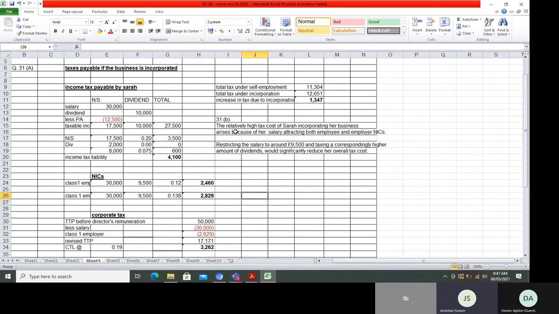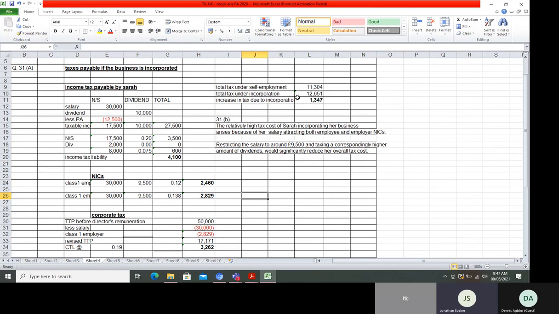So here is our recommendation that the relatively high cost of Sarah incorporating her business arises because of her salary attracting both employee and employer NIC. So you can see that this same 30,000, you calculate class 1 employer on it, you also calculate class 1 employee on it. So we have 2 NICs we are paying on the salary, and that could have contributed toward the increase in tax.